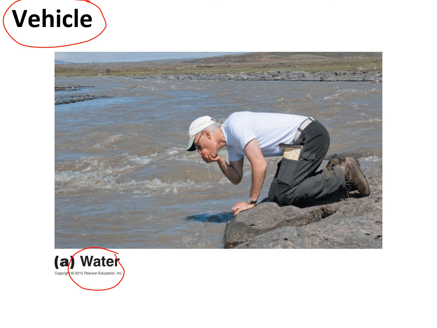So contaminated water can transmit the microbe from the source of contamination to the individual. And this is common for cholera, Vibrio cholerae. With Vibrio cholerae, the reservoir is a person, and when that person defecates, the microbe, the bacteria, gets into the water and then spreads to another person.